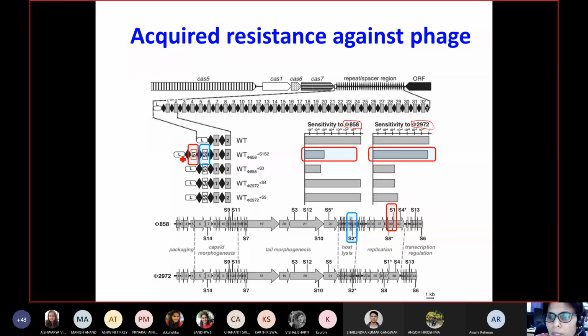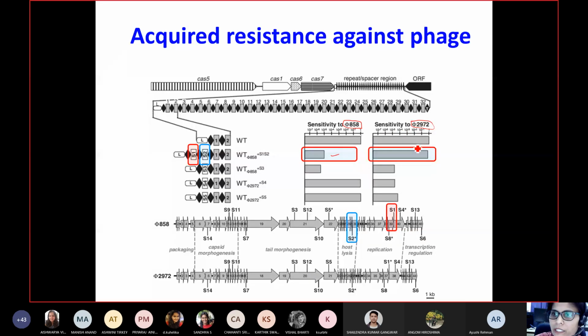Whereas when the spacer was incorporated or acquired in the CRISPR locus, so what they have is S1 and S2 from the phages that give them the protection. So this is the protected, whereas they are still sensitive to other bacteriophage, namely 2972 here.